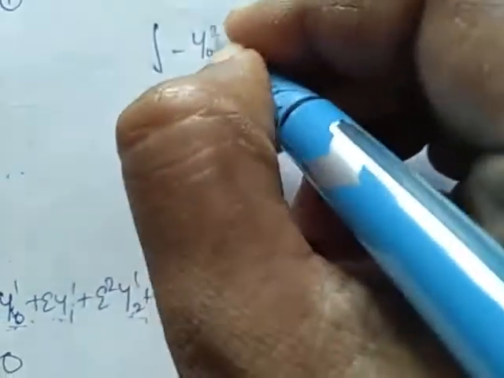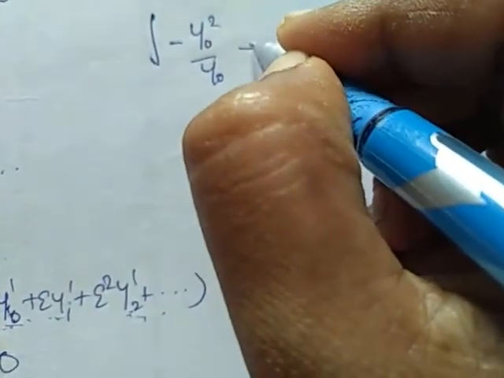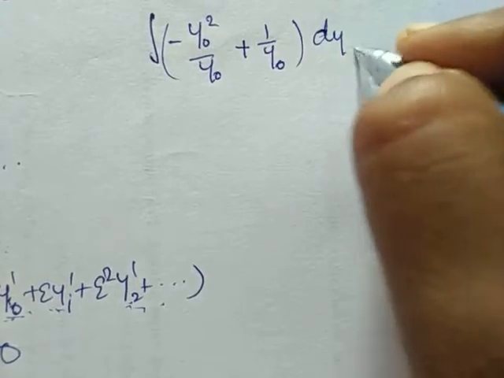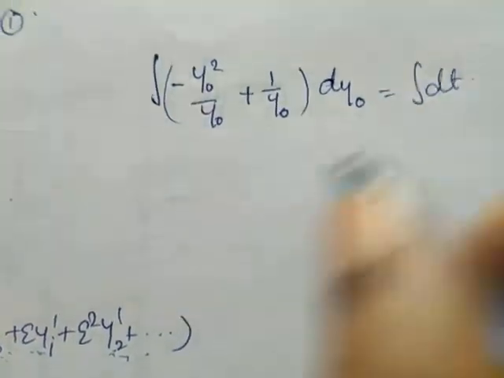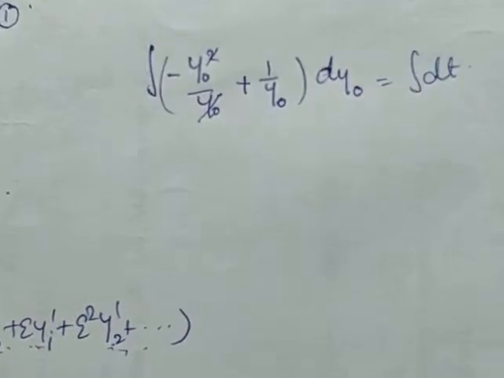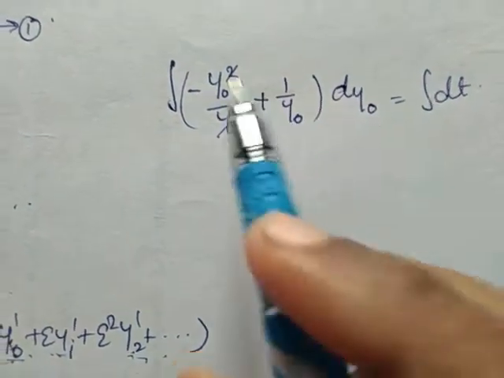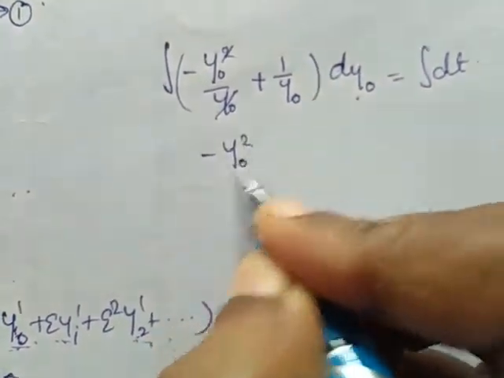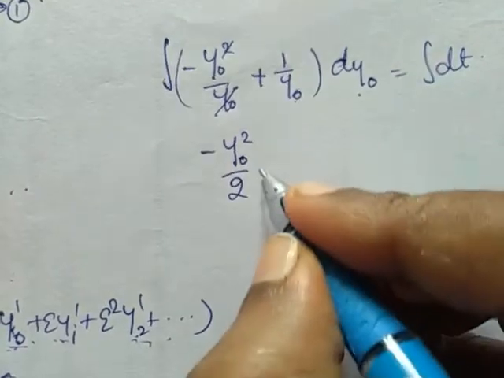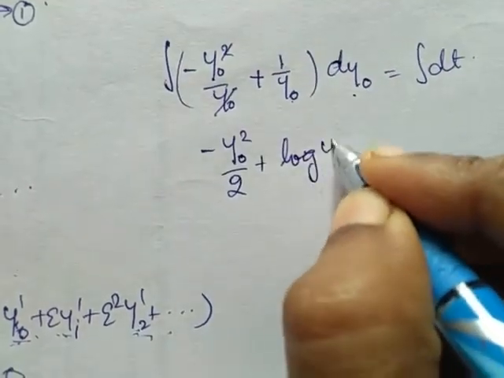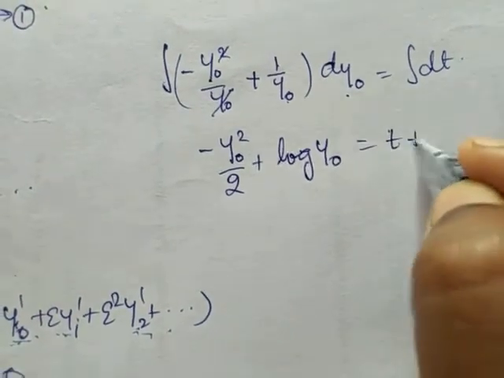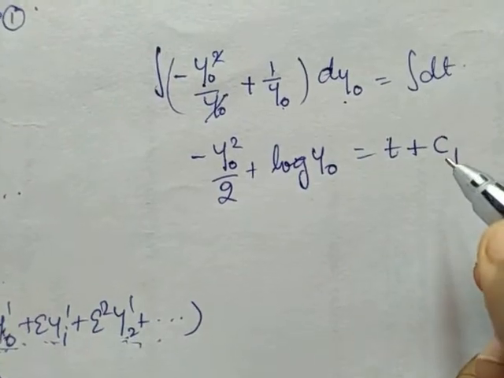So we can write first term as minus y naught square by y naught, minus into minus become plus, 1 by y naught dy naught equal to integration of dt. So integration of y naught with respect to y naught is minus y naught square by 2. Integration of 1 by y naught is log y naught. Integration of dt is t plus c1, where c1 is integration constant.